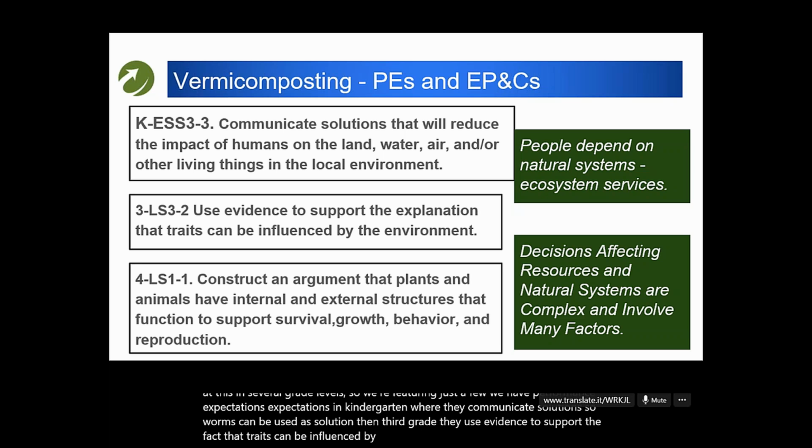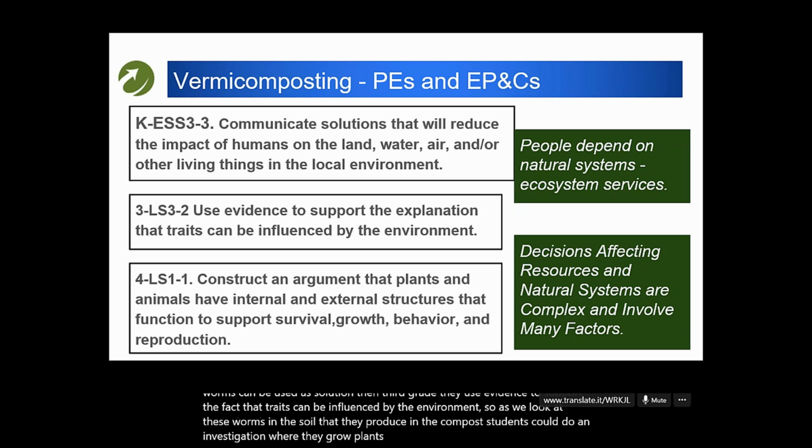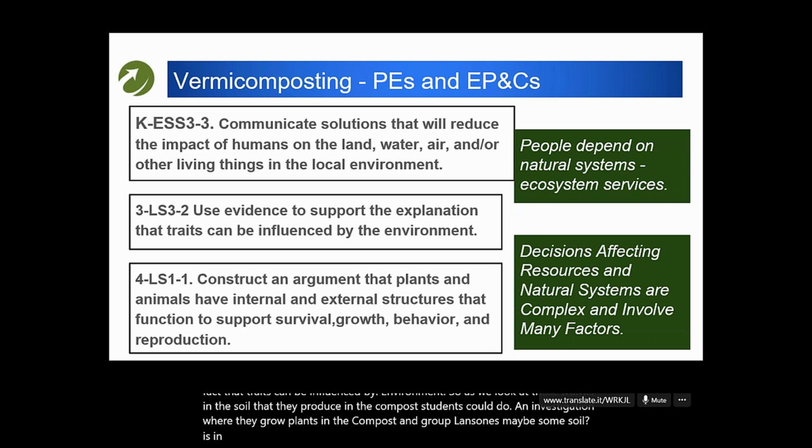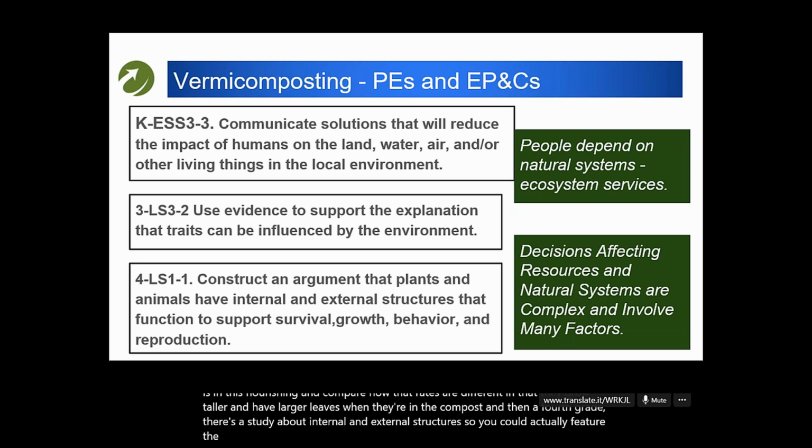So as we look at these worms in the soil that they produce in the compost, students could do an investigation where they grow plants in the compost and grow plants in maybe some soil that isn't as nourishing, and compare how the traits are different in that they grow taller and have larger leaves when they're in the compost. And then in 4th grade, there's a study about internal and external structures. So you could actually feature the worm and what are its structures that help it to process that soil.